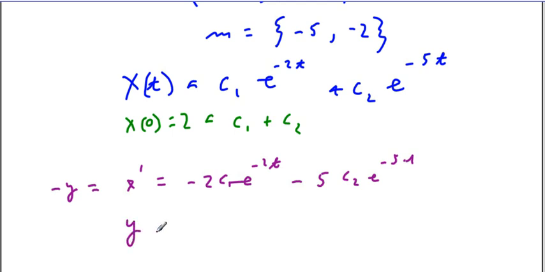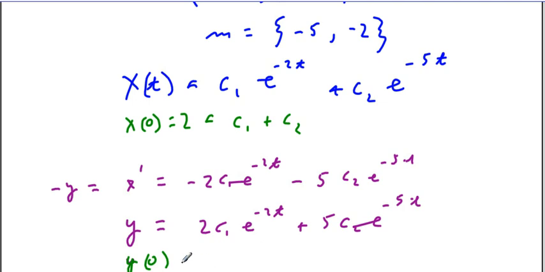So I have y is equal to 2 c1 e to the minus 2t plus 5 c2 e to the minus 5t. And I have an initial condition. y at 0 is minus 7, which says that 2c1 plus 5c2 has to be minus 7.